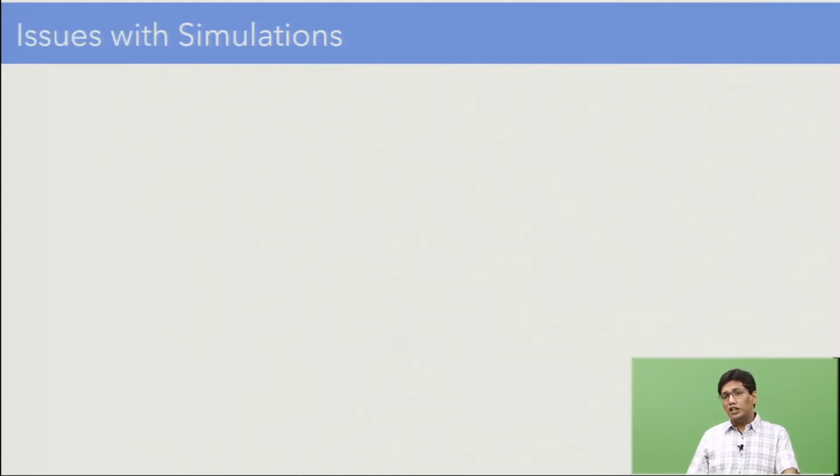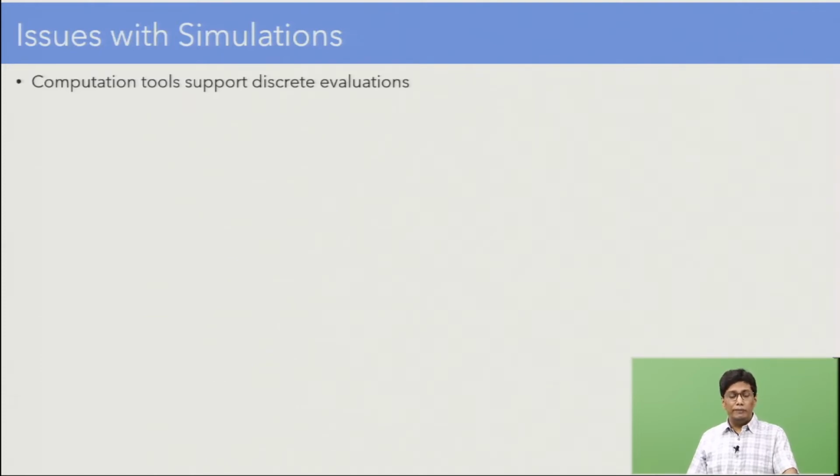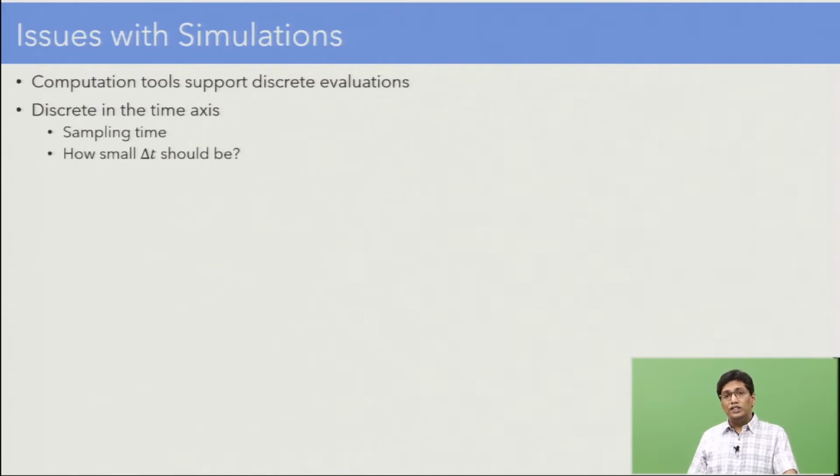But there are of course some issues with simulation. It's not like a golden thing which always works. So, one thing is computation tools, mainly software, support discrete evaluation. So, your system may be a continuous time system, which means it may be evolving continuously with time. But if you want to perform a simulation in computers, you have to convert the system to a discrete time process.